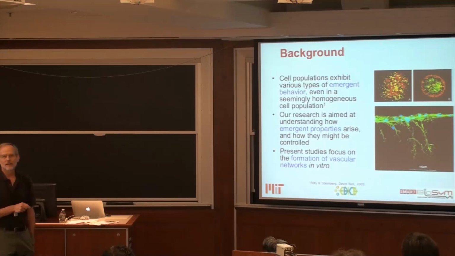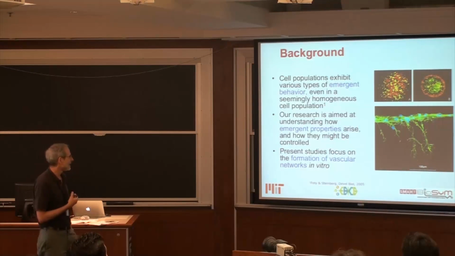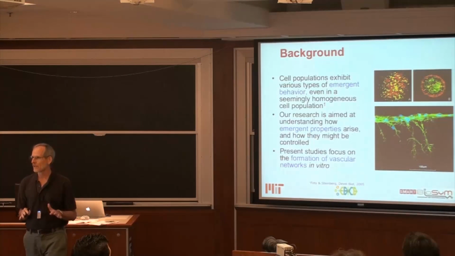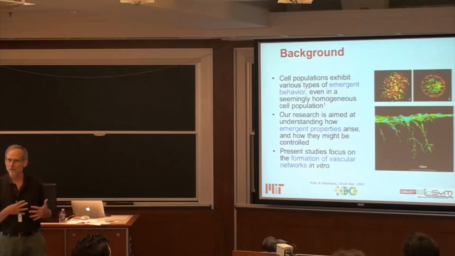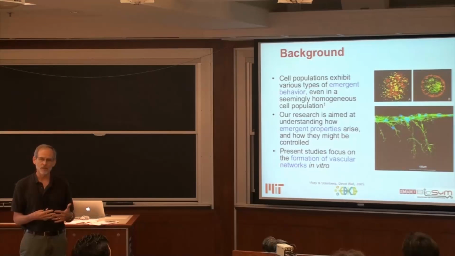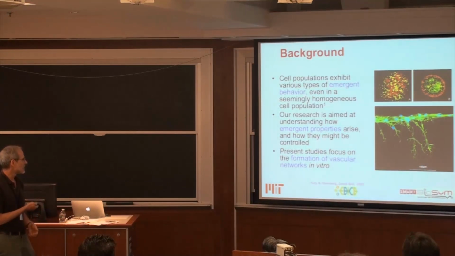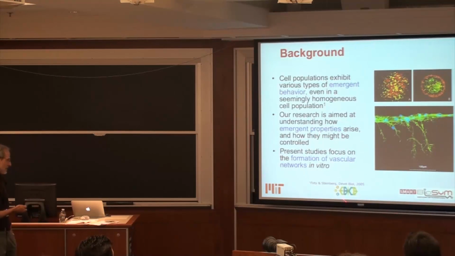Here again, it's a complex network that's being formed seemingly by itself, but it's through signals with neighboring cells, probably as a result of global signals that the cells are receiving, that gives rise to an interesting pattern. So the research that we're doing in EBICs, there's our logo down there, is really aimed at trying to understand how these emergent properties arise, and how ultimately we can control them.